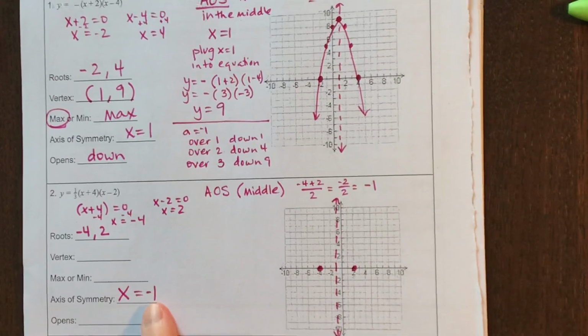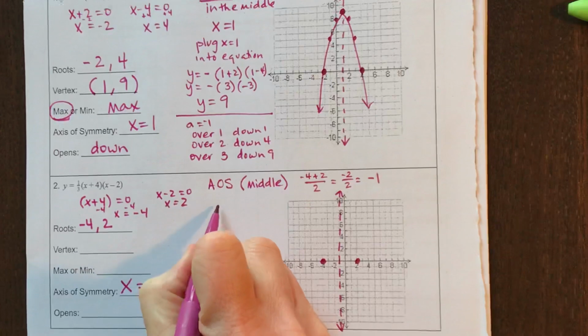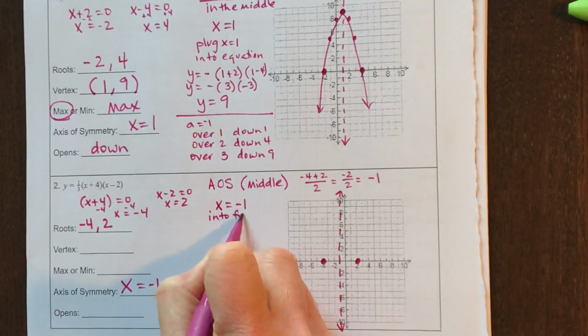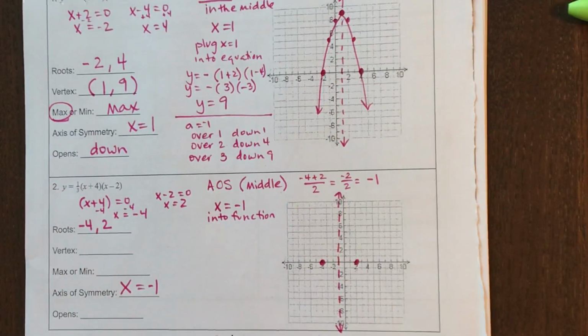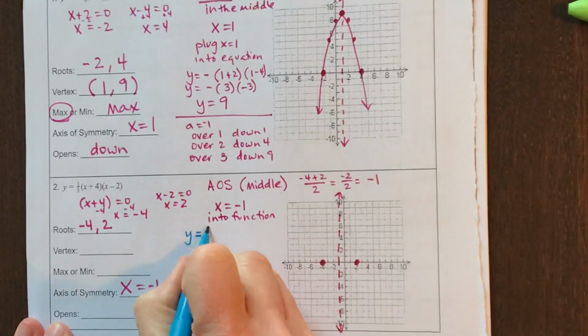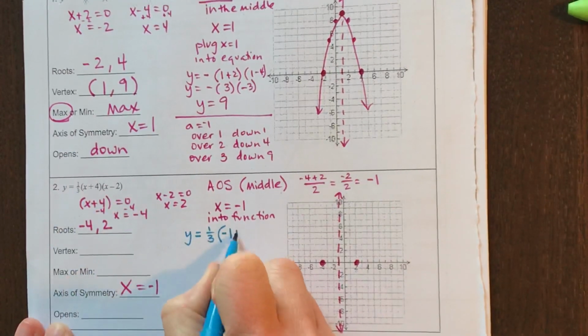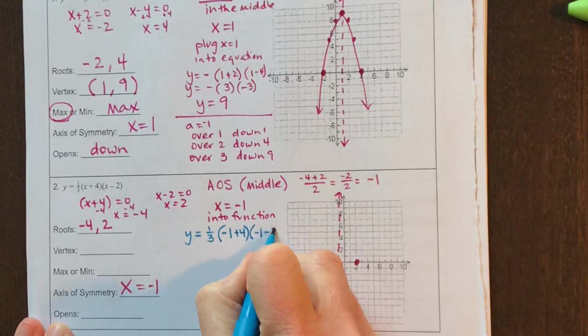Now that I know that my vertex has to be on this axis of symmetry, I'm going to plug in x equals negative 1 into the function. So I have y is equal to a third, and then negative 1, my x, plug that in, plus 4, and then negative 1 minus 2.